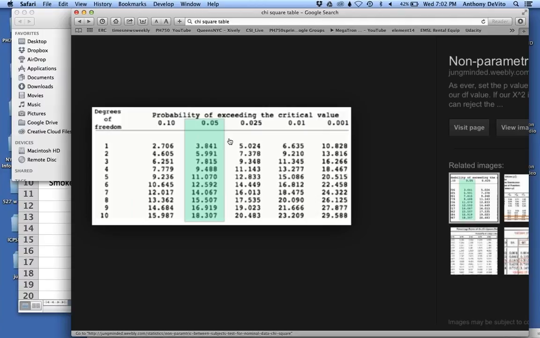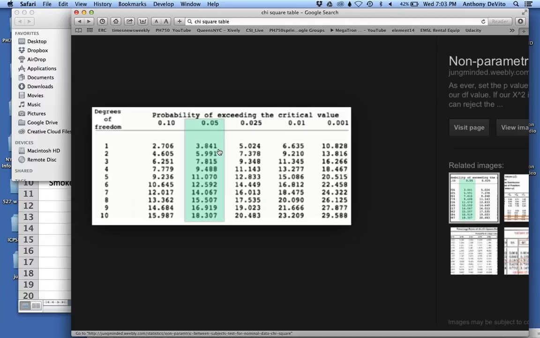There's less than a 5% chance I would get that big a number if there's no association between smoking and aortic stenosis in this analysis. So I need chi-square to be bigger than that number to reject the null hypothesis. What do we call that value? Critical value, right? That's the number we're going to need to reject it, right? So we don't calculate a p-value if we're doing this by hand. We just check the table for the critical value and decide whether that's big enough to reject the null hypothesis.